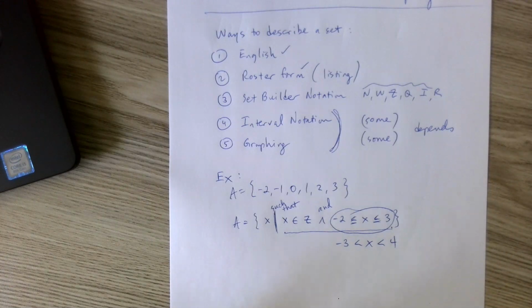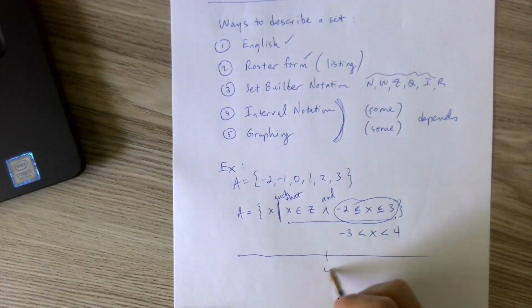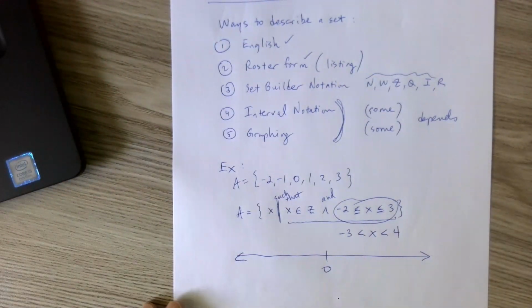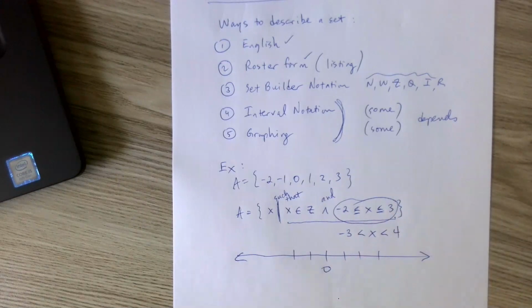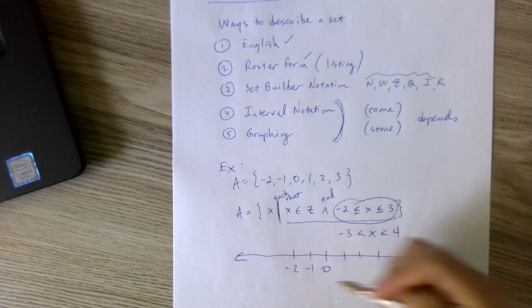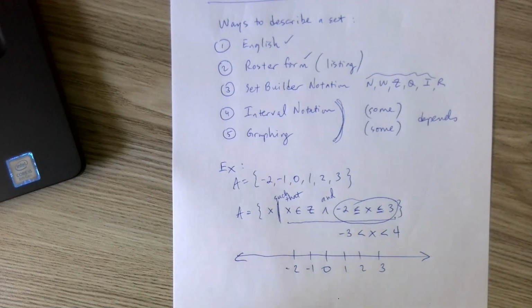Now, you can also graph this same exact set. So I just draw a number line. I'm just labeling the values that I need. Of course, there are more in both directions.